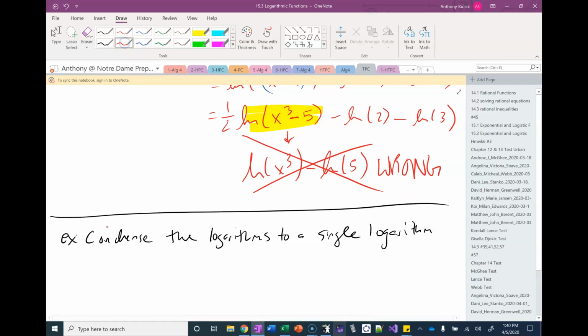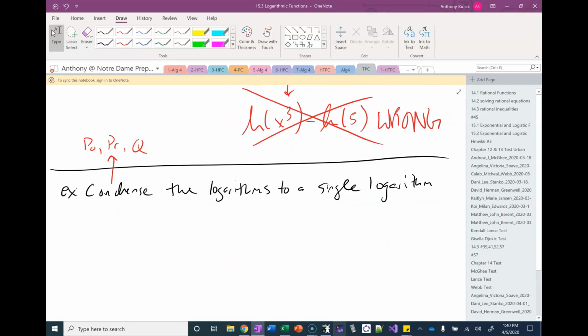So condensing is the opposite process. So here we're going to use the opposite order of our properties. So we're going to look for powers first, and then product, and then quotient. So let's look at some examples. We'll just do a couple here.